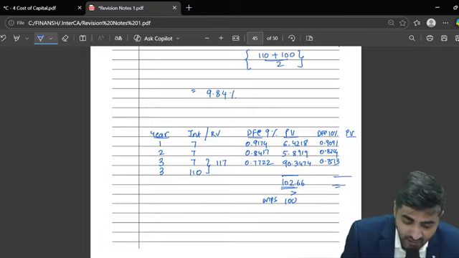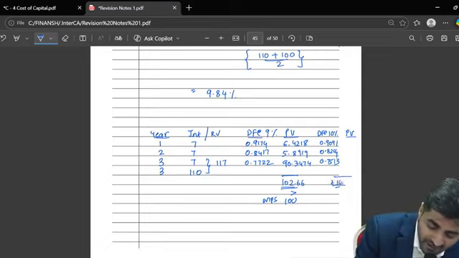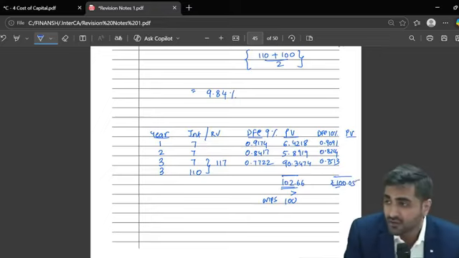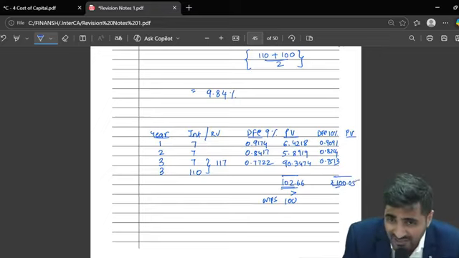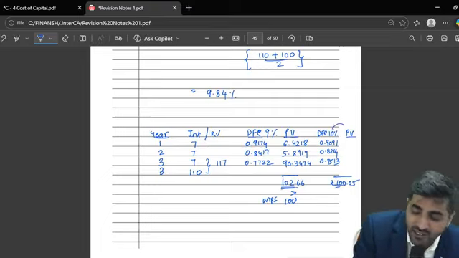Then 0.8264 into 7. And then 0.7513 into 117. So this price is coming as slightly 100.05. Okay. Can I put it like this? Still, my YTM is not achieved. Why? Because I want the price to be 100. So it will be slightly more than 10%.